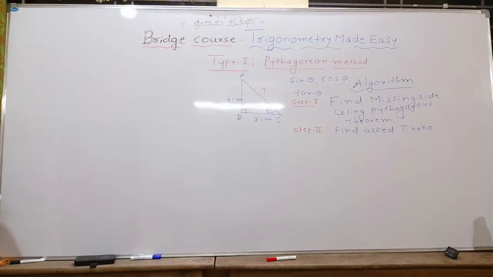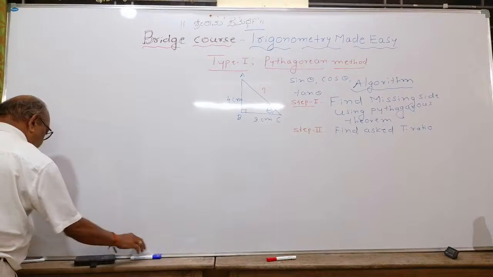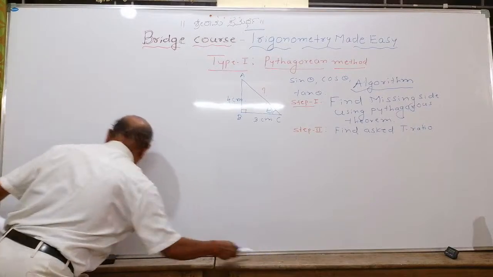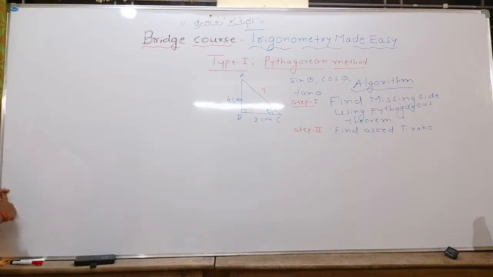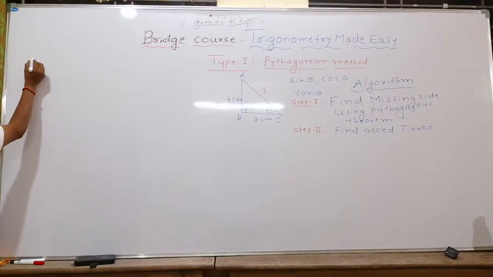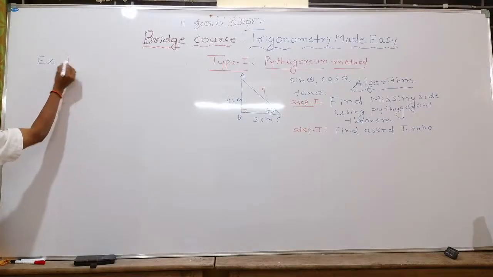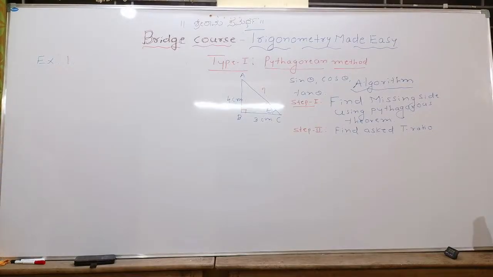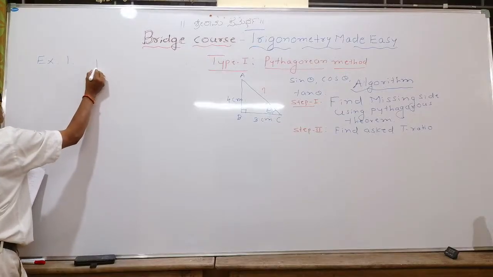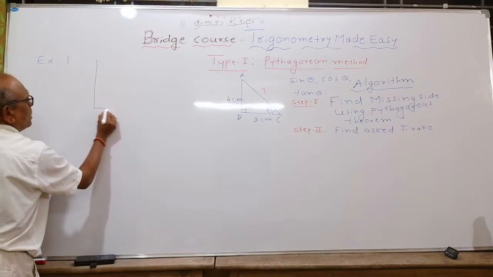First problem: I will take some examples from the textbook and some examples from other assignments. Example number 1. Observe. Here it is a right angle triangle like this. You can draw the problem.